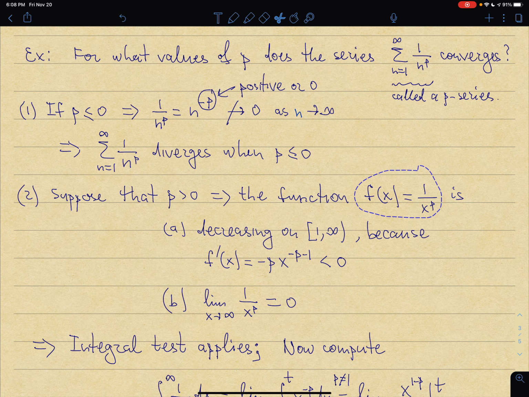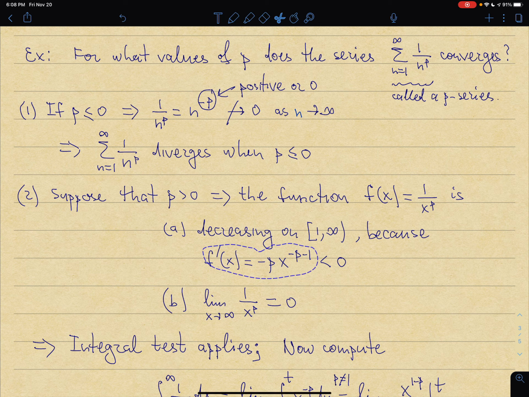Again, this is something that we have not introduced yet rigorously, but you already know what the derivative is and how to compute it. So this would be a good way to determine if your function is decreasing. So if I take the derivative of x to the minus p, I'm going to get minus p times x to the minus p minus 1.